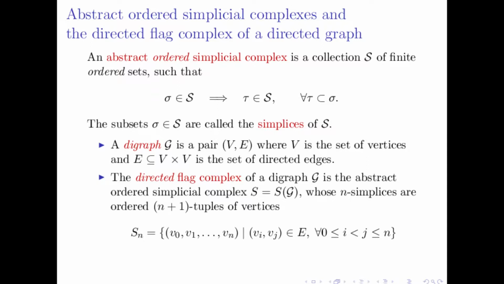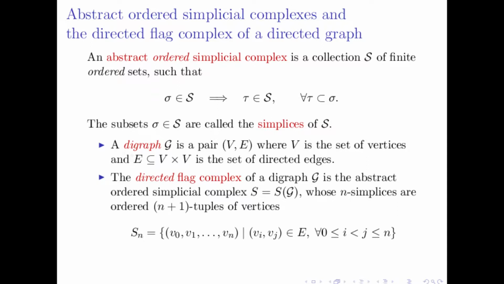Except, of course, if you have two ordered sets which have the same vertices in them, but they're not in the same order, they're considered by us to be different. Okay? So they're not the same set as it would be in the case of a normal abstract simplicial complex. So you don't require an order in the whole set of vertices? No, just a collection of ordered sets closed under subsets. That's it. Under ordered subsets. That's all. Okay? And then, so this is ideal for working with directed graphs.